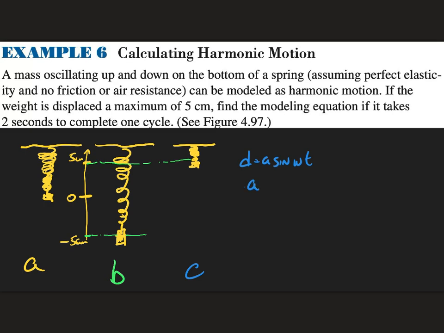We know the amplitude is equal to the maximum height, which is 5, away from the midline. It takes 2 seconds. The period is 2. The frequency is the inverse of the period, which equals 1 over 2. So omega over 2 pi equals 1 over 2.